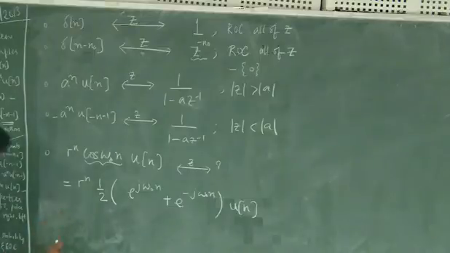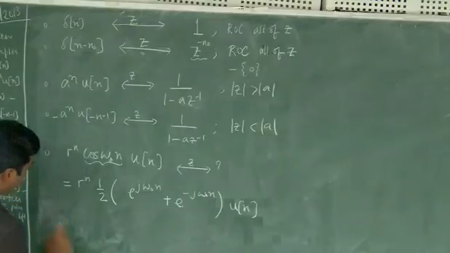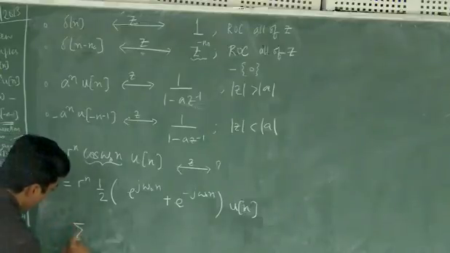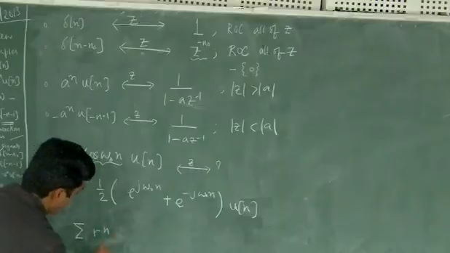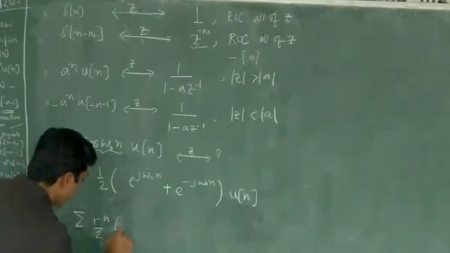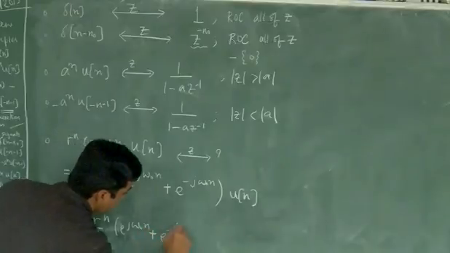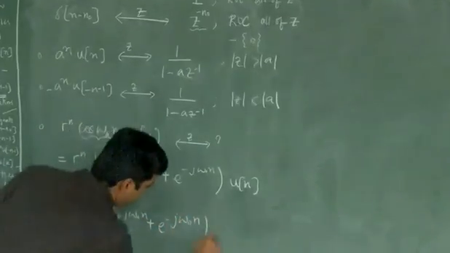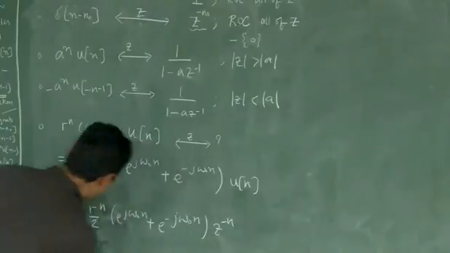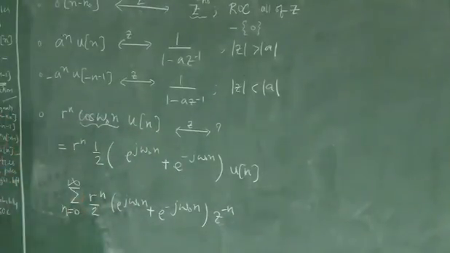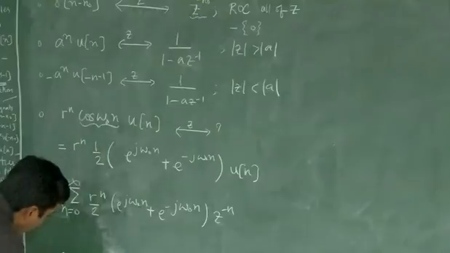So what do we have ultimately in the summation? So if I want to take the Z transform of this, and my summation is going to go from... okay. And do you want to simplify this?